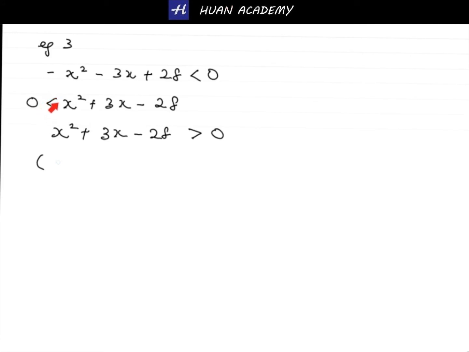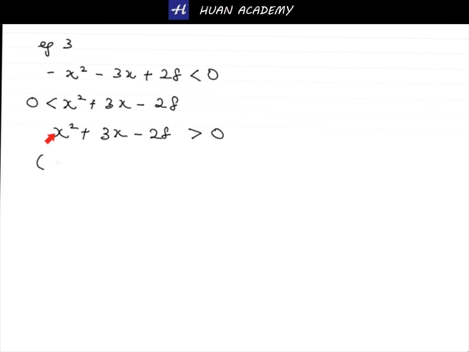The big mouth is facing the quadratic expression. Even though I write the quadratic expression at the left hand side, the big mouth is still facing the quadratic expression, where the sharp end is facing 0. No matter how we write, the sharp end will still face the 0. By using this way, we have successfully converted negative into positive.